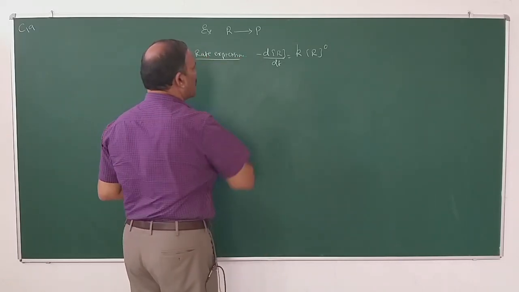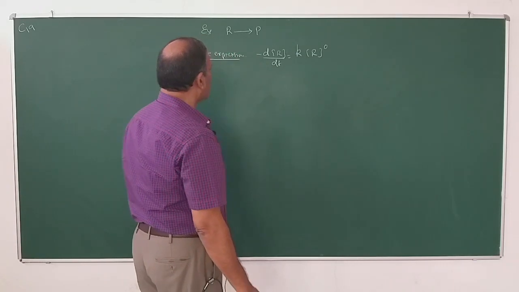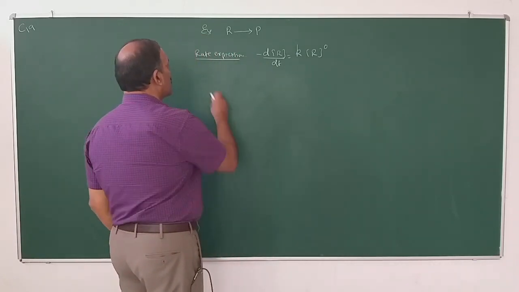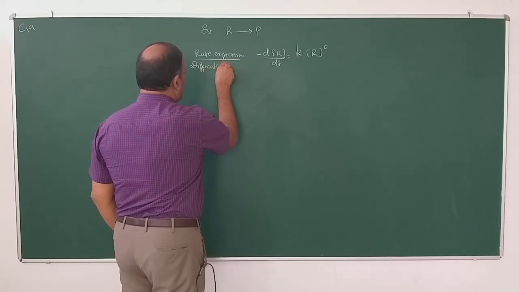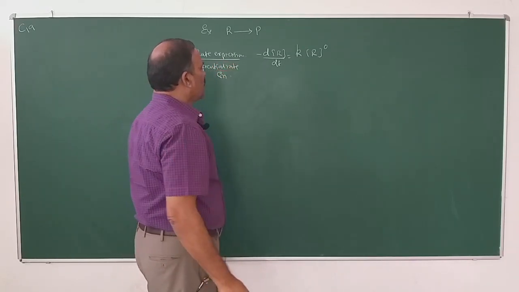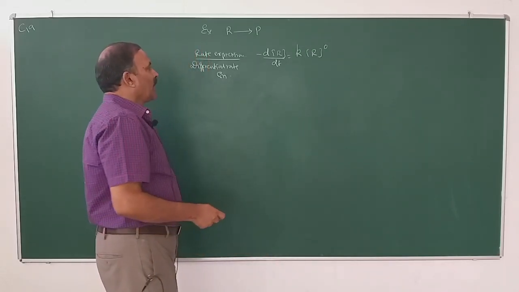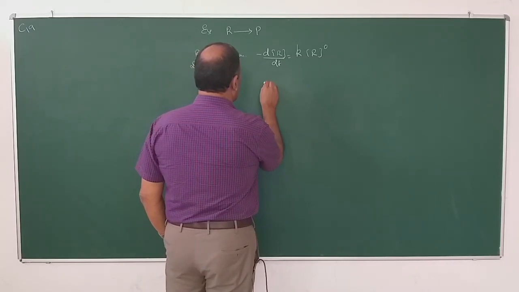For a zero order reaction, this is the rate expression. This is also called the differential rate equation.